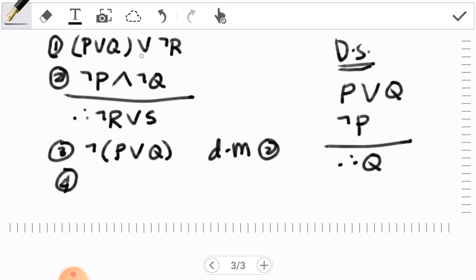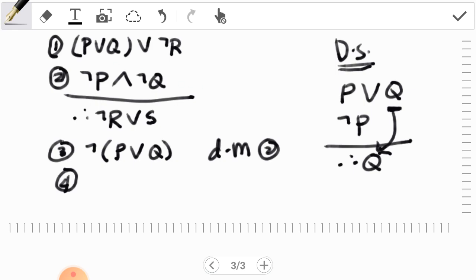This is our P or Q. And we have here not P. It's the negation of the first proposition. Therefore, if we will use the disjunctive syllogism, what will be the conclusion? It is simply the second proposition. Right? It's just the second proposition.